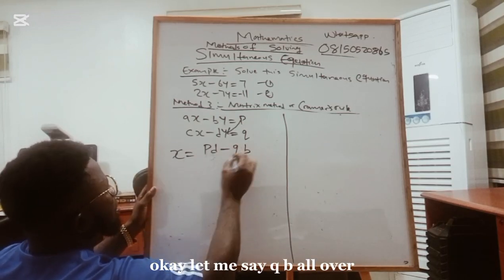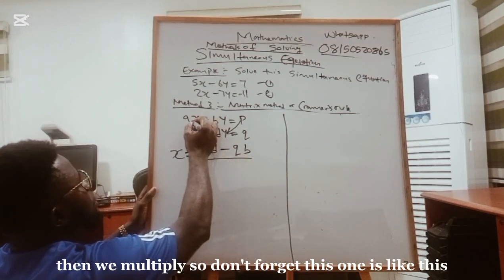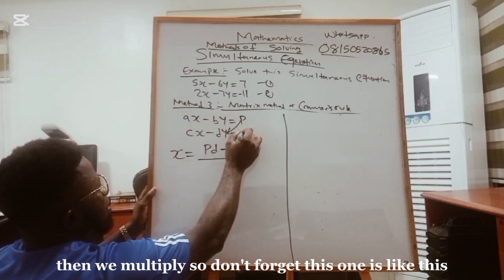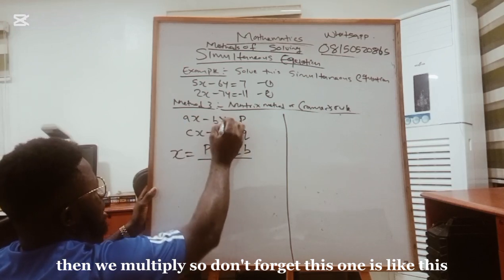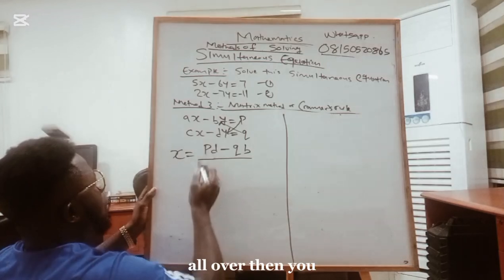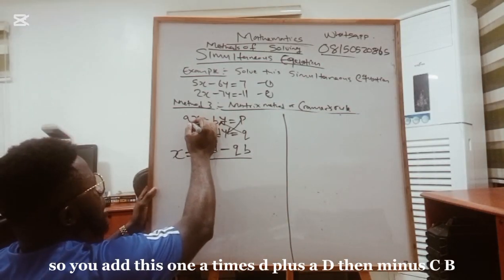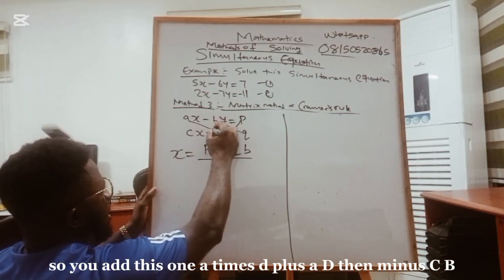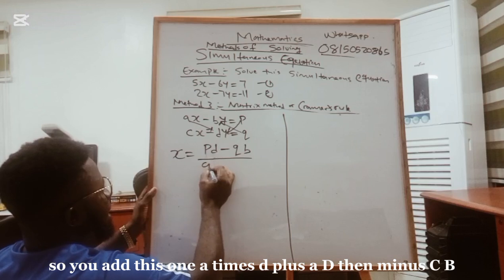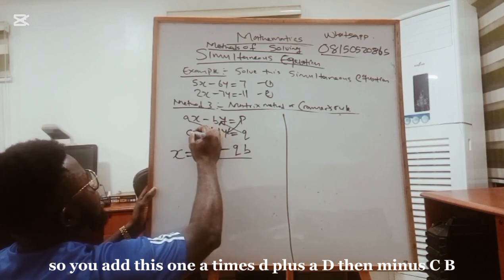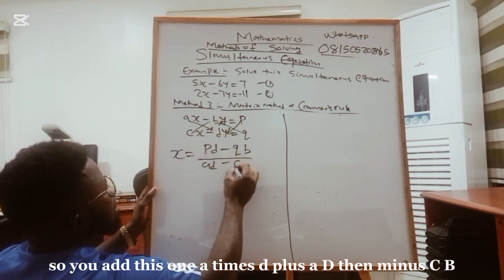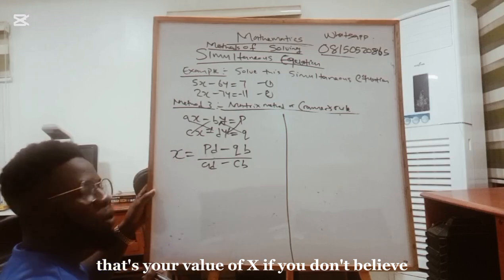So don't forget, this is all over, then you add this one, a times d, that's ad, then minus cb. That's your value of x.